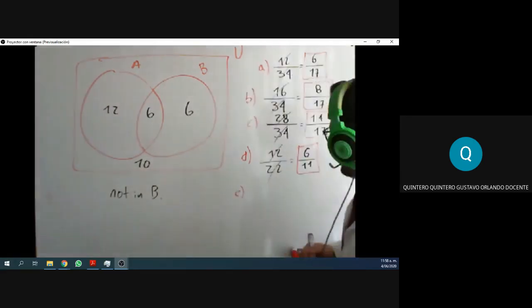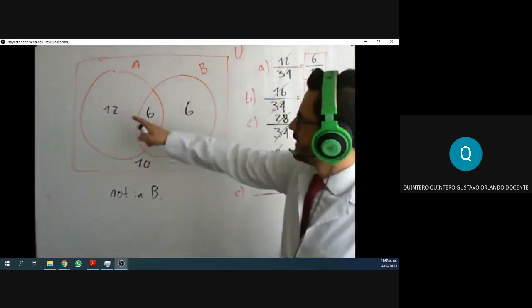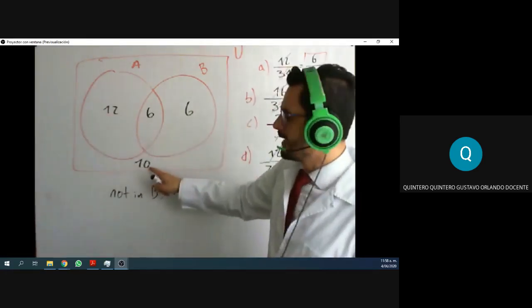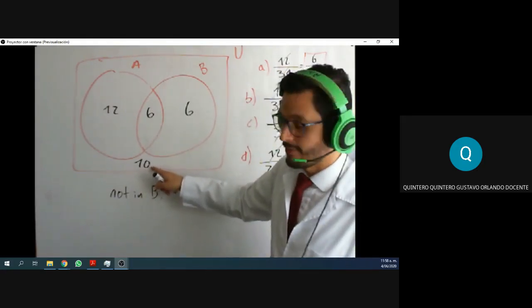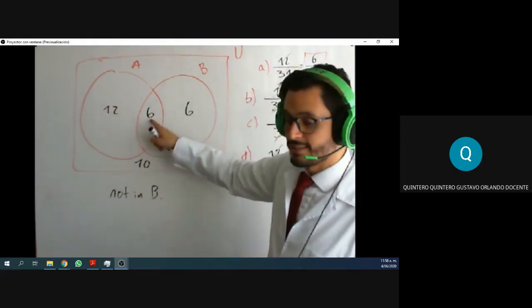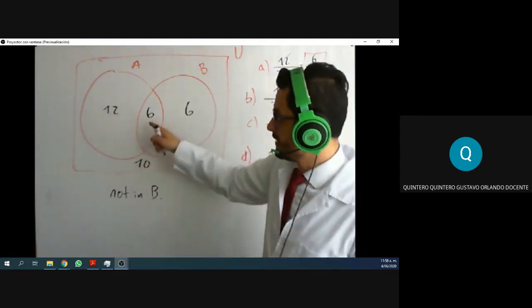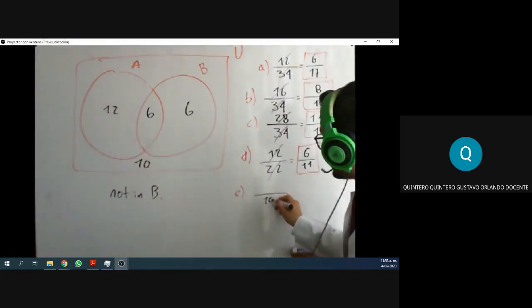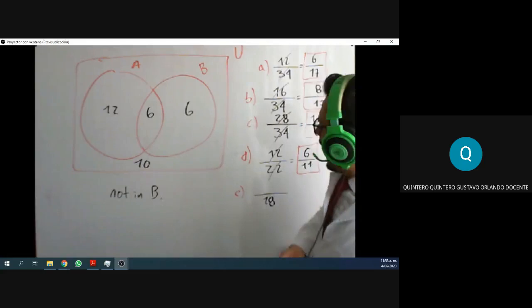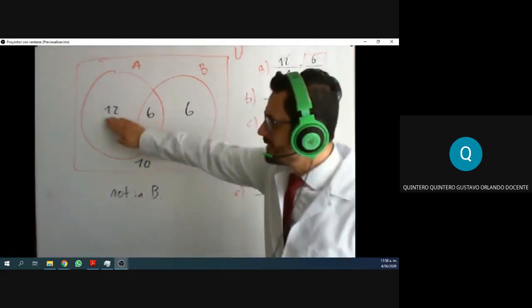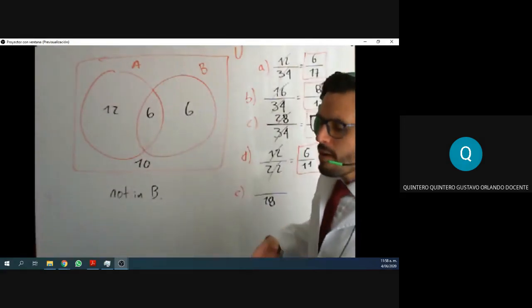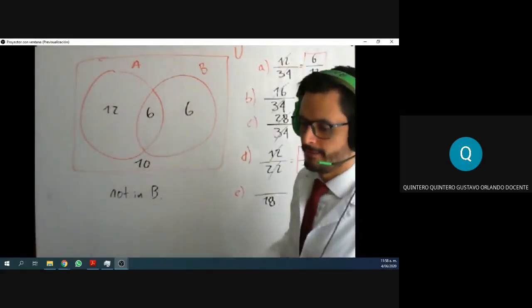So what we have is a total of 12. I'm sorry, these 10 are not in A, right? These don't take the condition into account, right? So only these 12 and only these 6. So 12 plus 6, that will be our total, 18. And now, out of those 18 people, how many are in B?